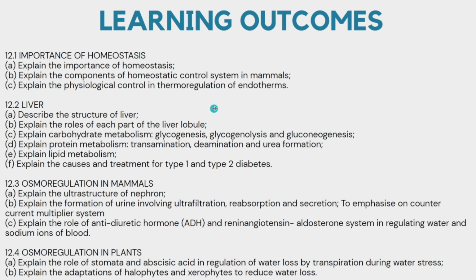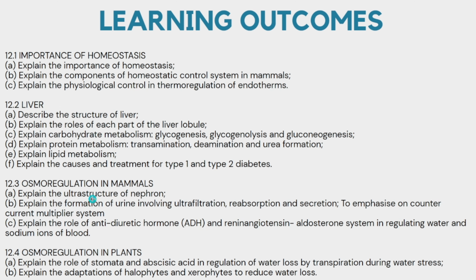This chapter is also a very long chapter, similar to the last chapter, Chapter 11, reproduction, development, and growth. First topic is the importance of homeostasis. You not only learn about homeostasis, but also thermoregulation under this topic. The next topic is new for you, which you never learned in SPM: liver structure and liver function.